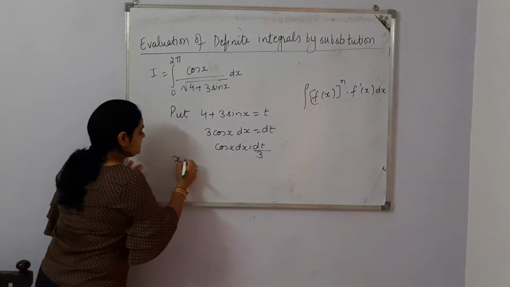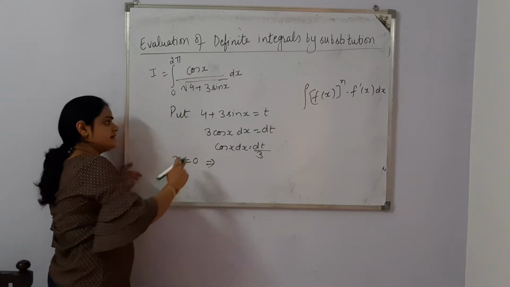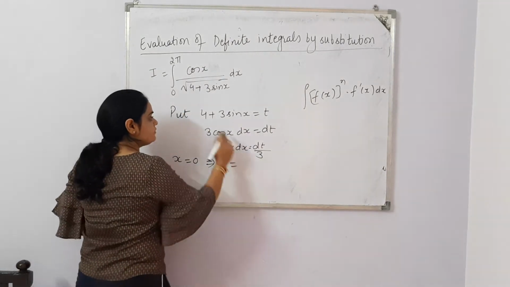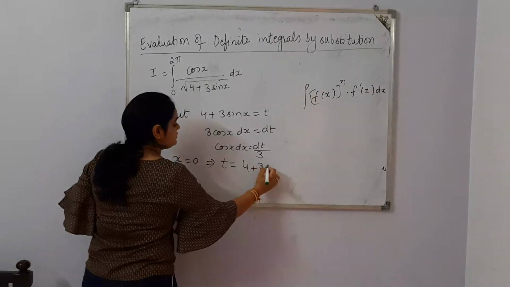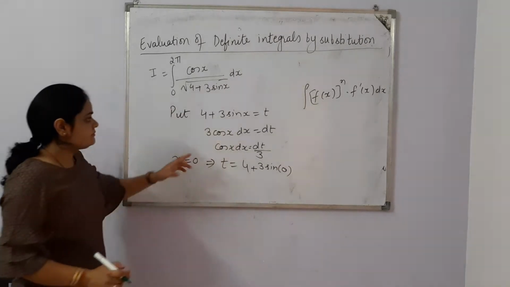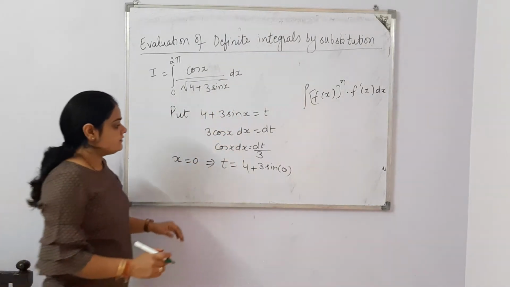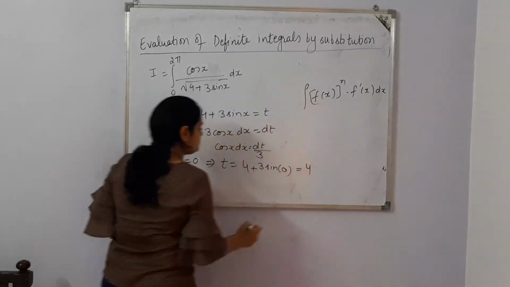So whenever x is 0, then what will be t? t is equal to 4 plus 3 into sine 0. What we are doing, we are substituting the value of x here because we need to find the value of t. So sine 0 is 0, t is equal to 4.